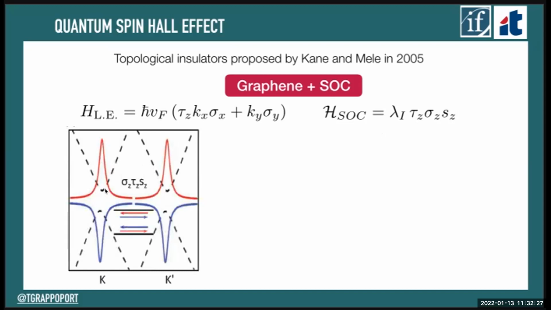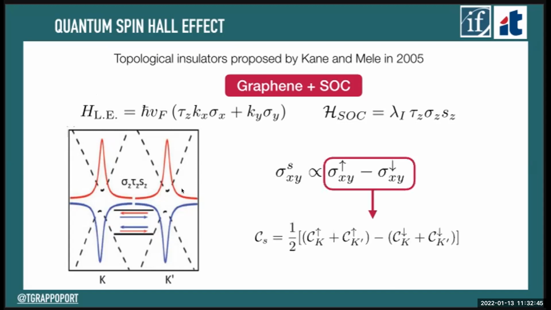But when we calculate the total Berry curvature it is 0. If we calculate the Berry curvature per spin, we are going to see the red Berry curvature for one spin and the blue Berry curvature for the other spin. We can think that S z is a good quantum number here because it commutes with the Hamiltonian, so the eigenstates of H can also be used to calculate the Chern number of the spin.